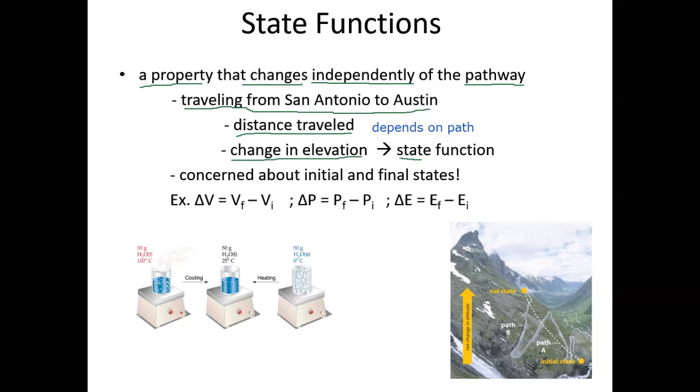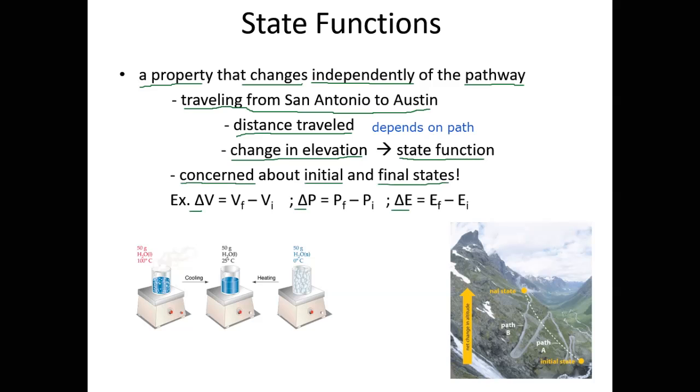So it would be a state function because the elevation is not dependent on the path. State functions are only concerned about initial and final states. The way you know something is a state function is there's a delta sign in front of the variable. So we have delta V, delta P, delta E, delta T. There's lots of state functions that we use.